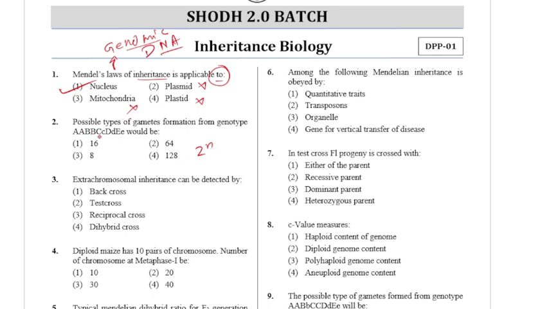So let's count the heterozygous pairs. AA is homozygous, BB is homozygous, so we can't count these two. Capital C small c is heterozygous, capital D small d is another heterozygous, and capital E small e is another heterozygous. So there are only three heterozygous pairs, that is n equals 3, so 2 to the power 3, and that is 8. Option 3 is the correct answer.